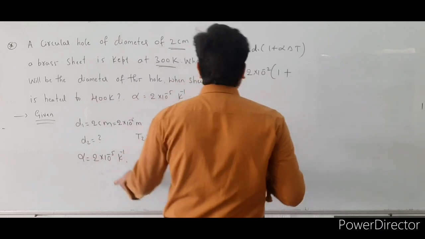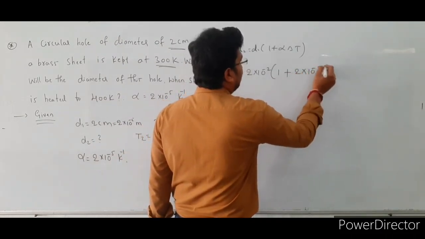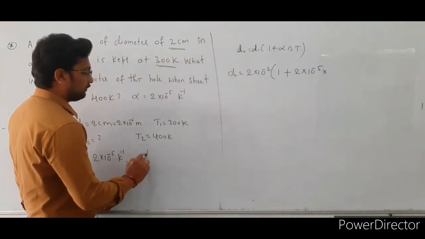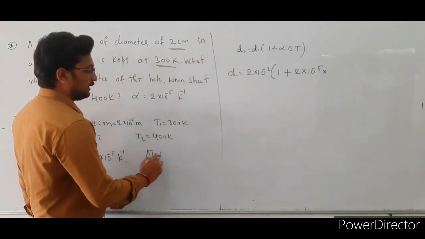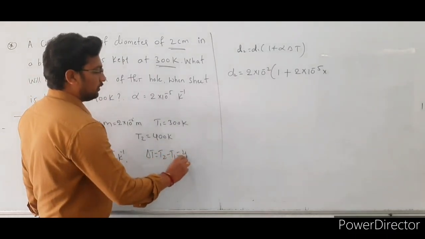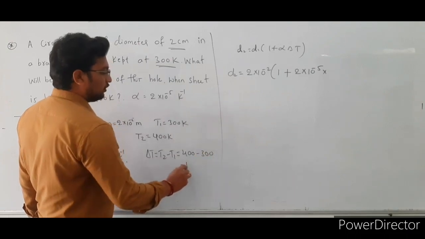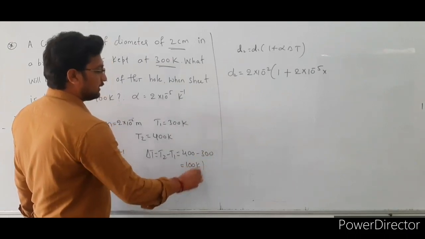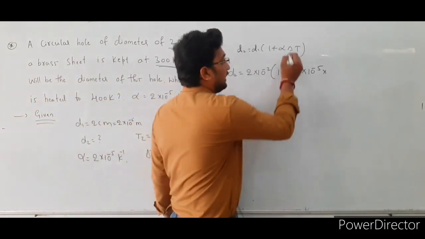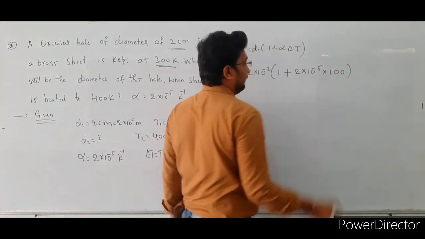The alpha value is given, that is 2 into 10 to the power of minus 5, into the change in temperature. The change in temperature is final temperature minus initial temperature, T2 minus T1. T2 value is 400, T1 is 300, this is equal to 100 Kelvin. So substitute the change in temperature value here, that is 100 Kelvin, right.